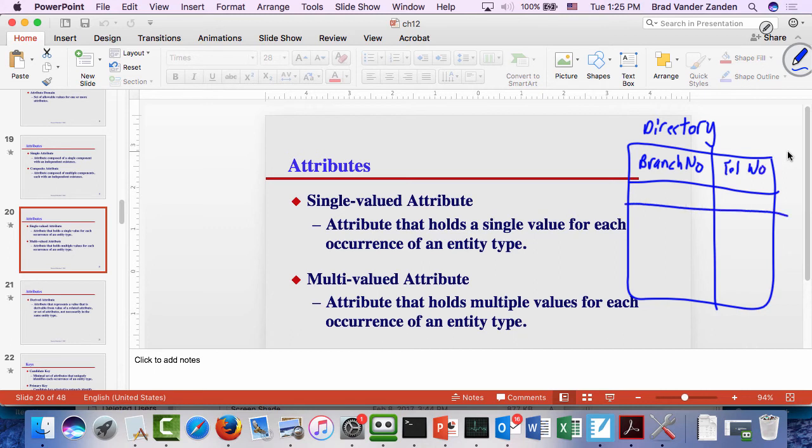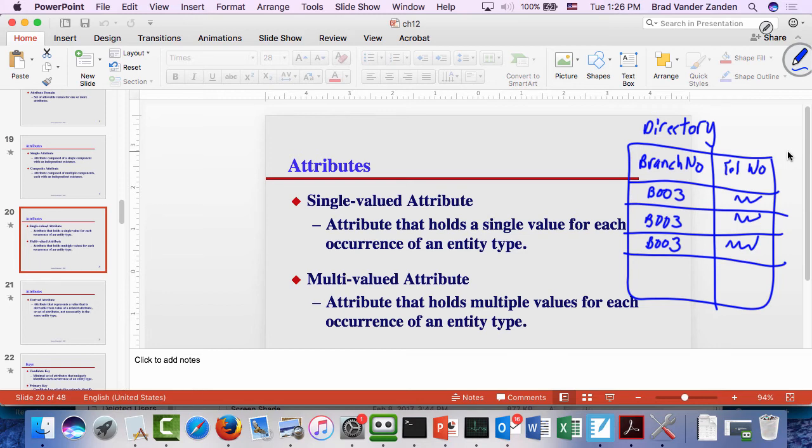And now you could have a branch B003, each with, now each cell has only one value, and each row represents one value of the attribute. Efficient? No. But that's the limitation imposed on us by the relational model.